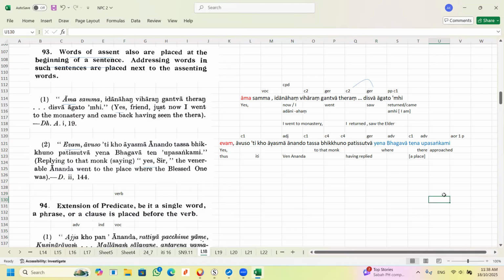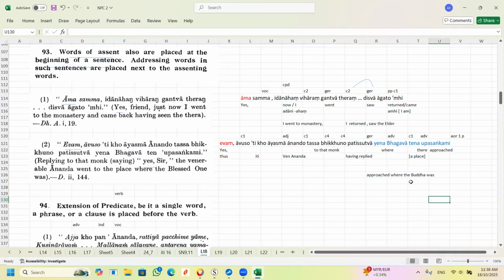we approach. So what we have to translate is where the Bhagava is there. It's where the Bhagava was there. We approach. So in this case, how do we translate this? We approach where the Buddha was.